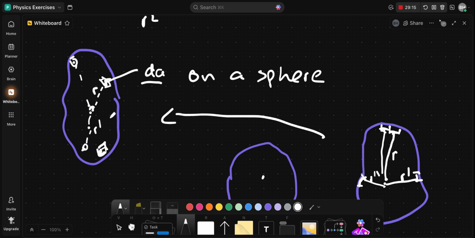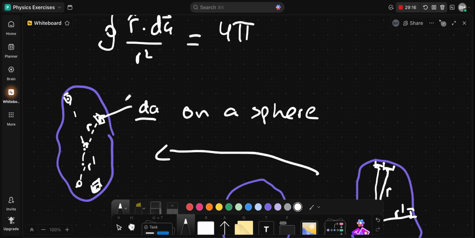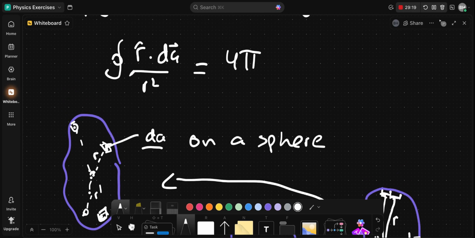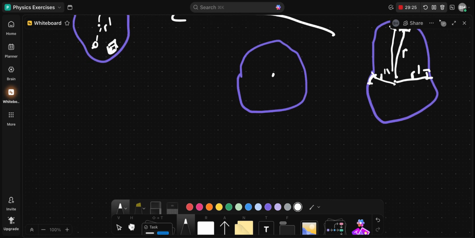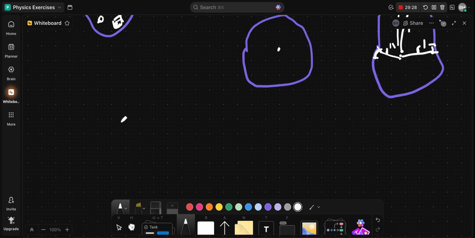And what I want you to consider is this expression for a tiny little element. So what do we have here? We have r dot dA, where dA is the normal vector, divided by r squared.